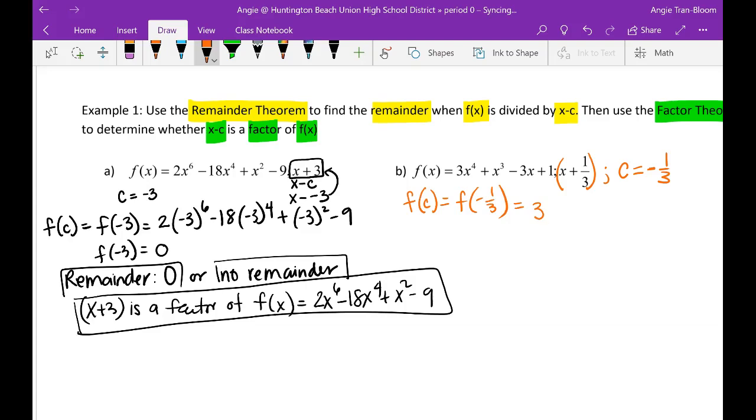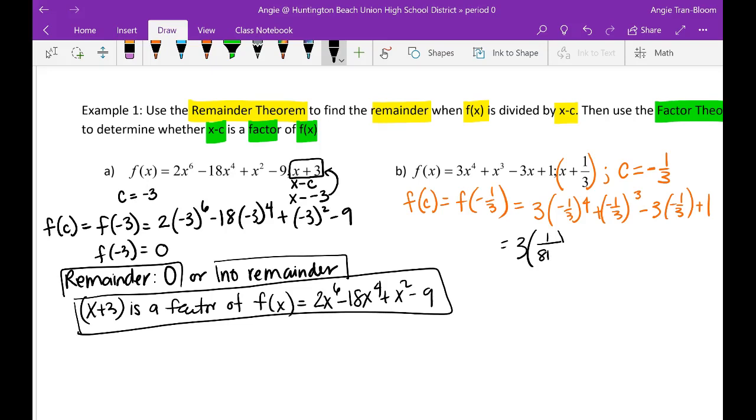So we are going to slowly punch this in: 3 times negative 1/3 to the 4th plus 1/3, negative 1/3 to the 3rd minus 3 times negative 1/3 and bring down the 1. Negative 1/3 to the 4th would definitely be a positive number. 1 to the 4th is still 1, but 3 to the 4th is now 81.